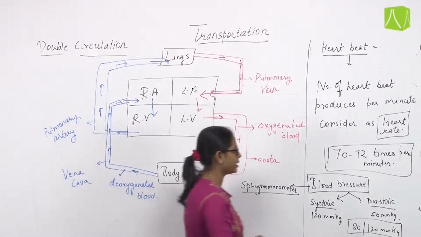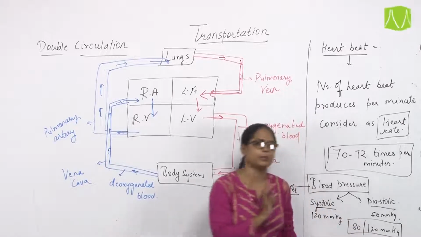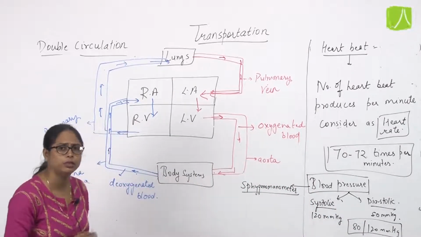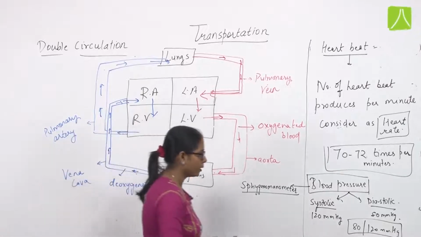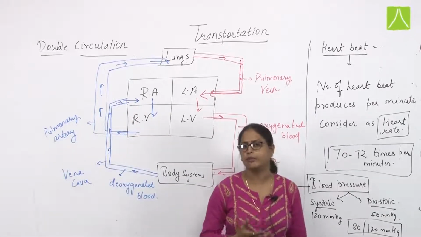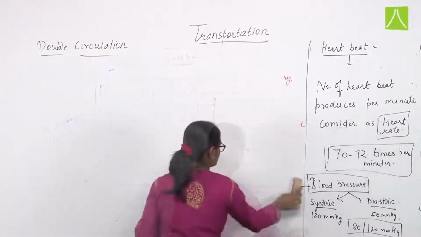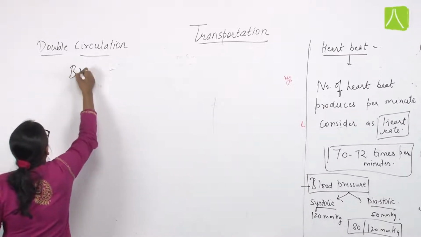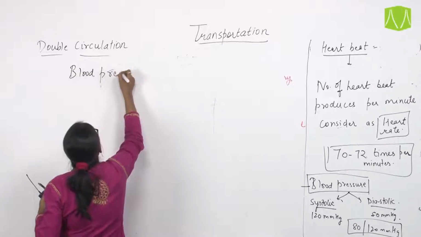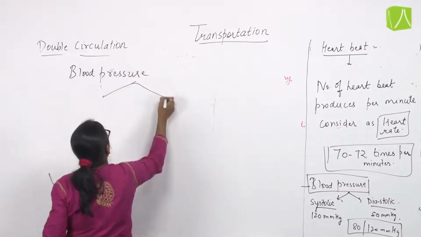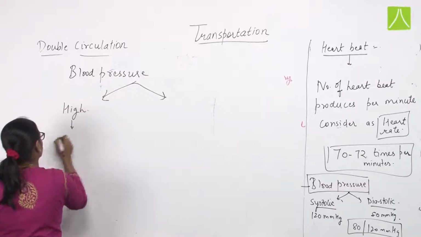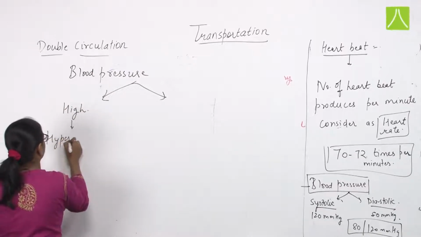If the normal blood pressure comes, that means 80-120 mmHg, the cardiac cycle is running properly. But if the pressure is lower, different disorders may develop. And if blood pressure gets high, then the condition is known as hypertension.